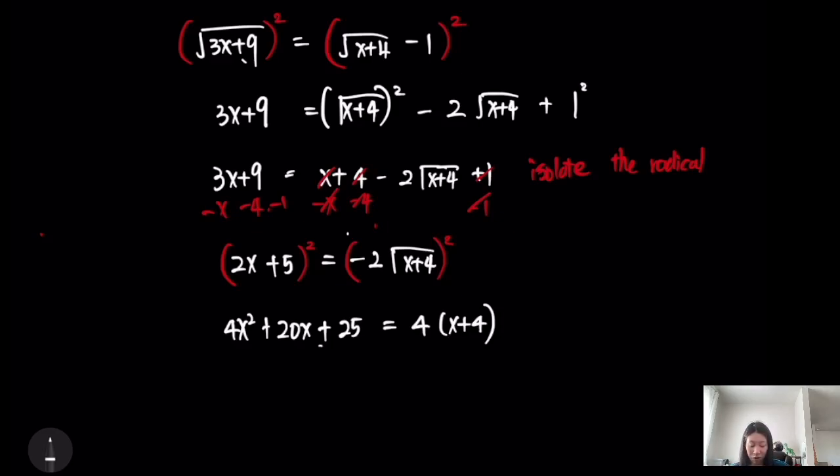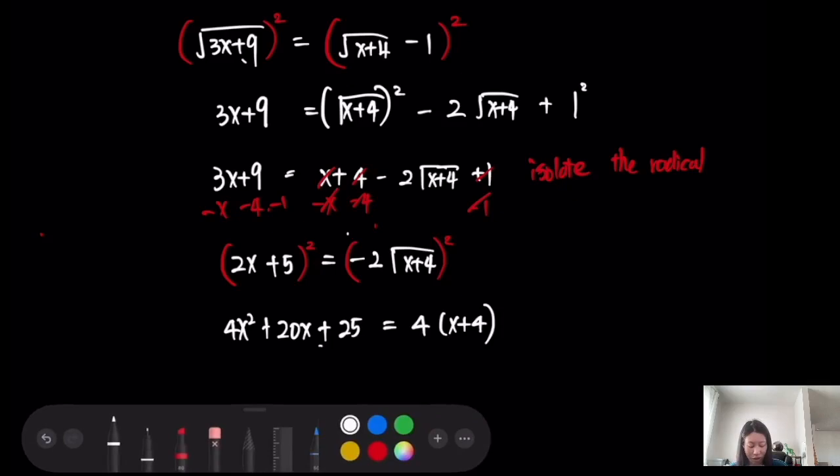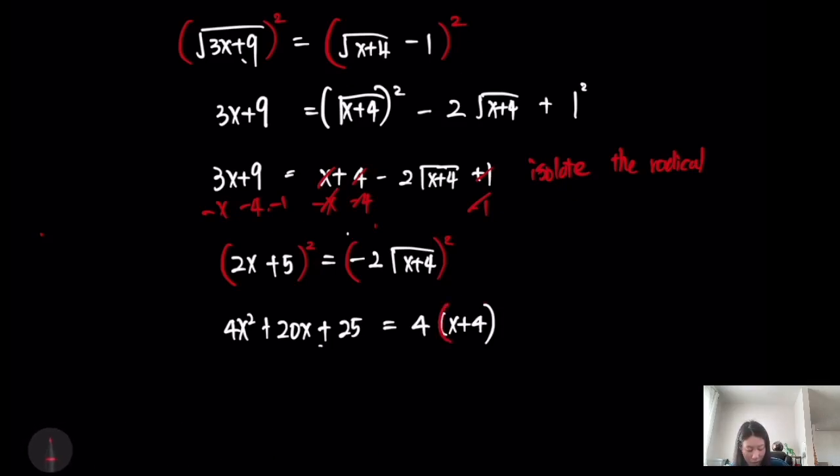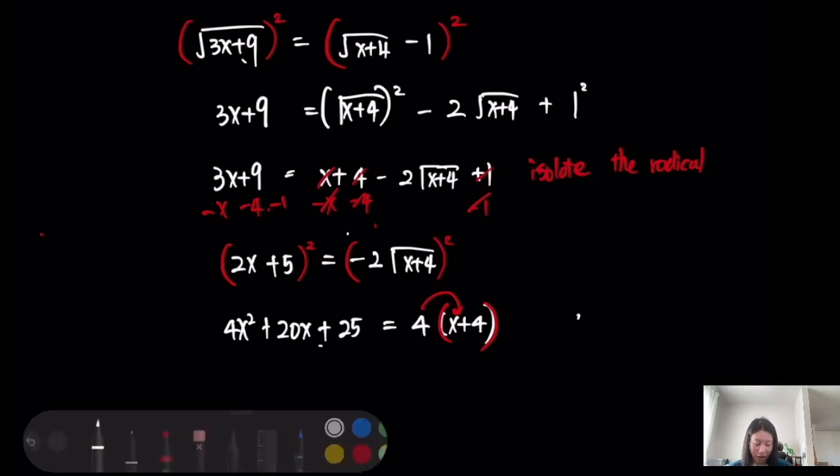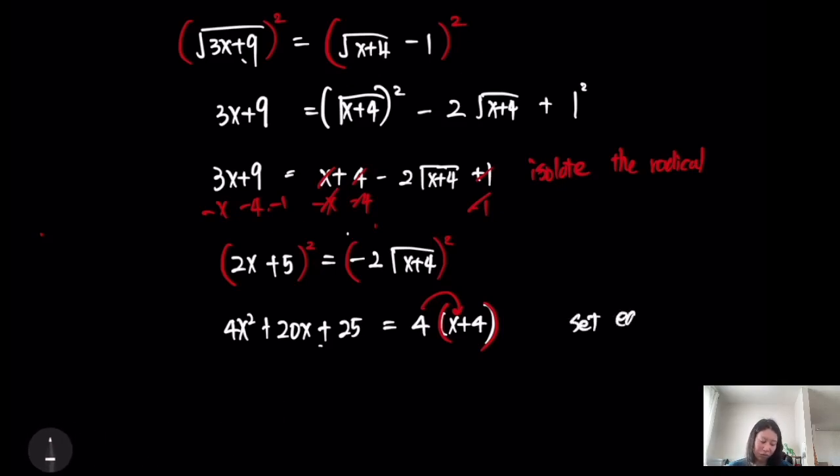Negative 2, when you square it, you get 4, and then you square the radical. You will end up with a positive x plus 4. Don't forget the parentheses so that you will remember your 4 is going to multiply the x. And then what you're going to do is set the equation equal to 0. So you will be able to solve the equation.